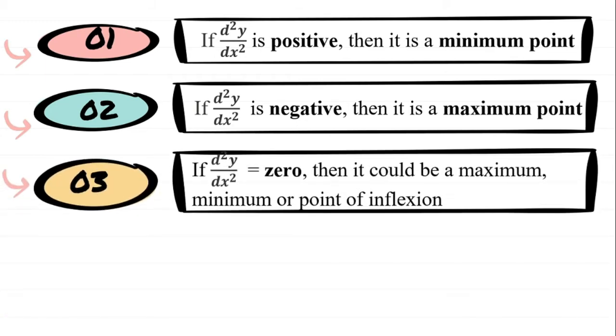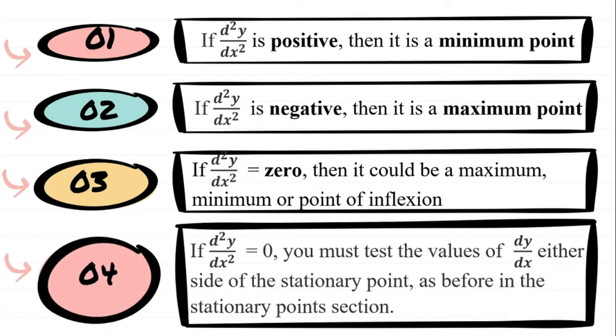Third, if d squared y per dx squared equals 0, then it could be a maximum, minimum, or point of inflection. Fourth, if d squared y per dx squared equals 0, you must test the values of dy per dx either side of the stationary point, as before in the stationary point section.